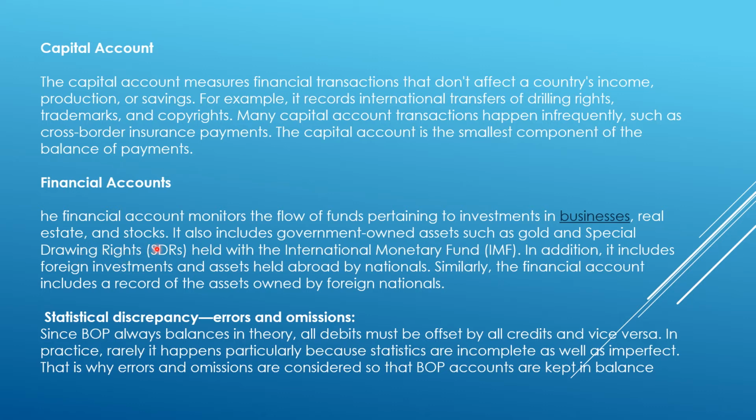The financial account monitors the flow of funds between countries which are related to direct foreign investments, investments made outside of the country, and it includes government-owned assets and assets owned by foreign nationals. So these things will be shown under the financial account.